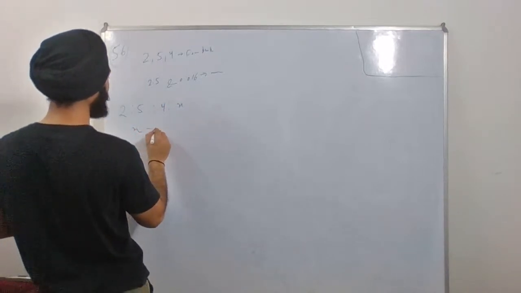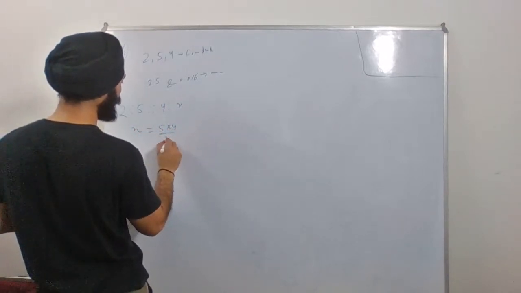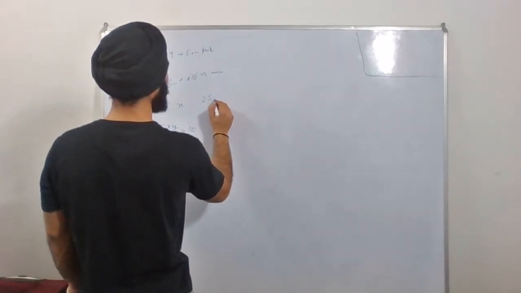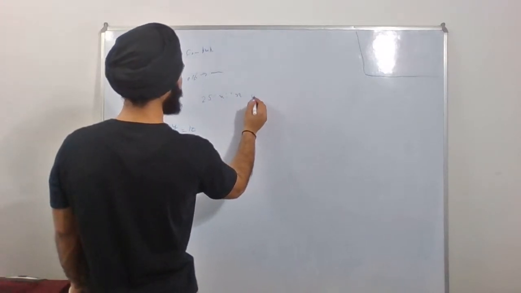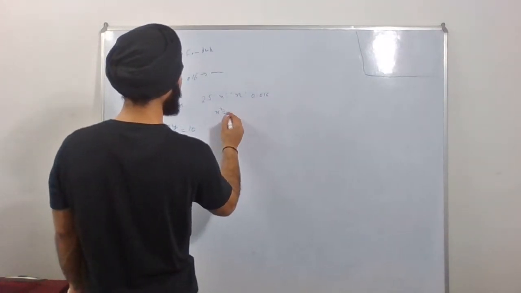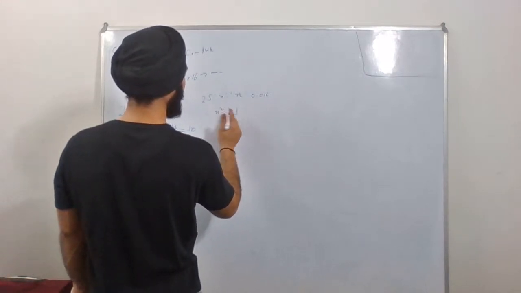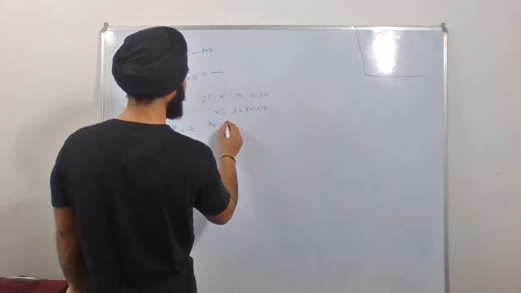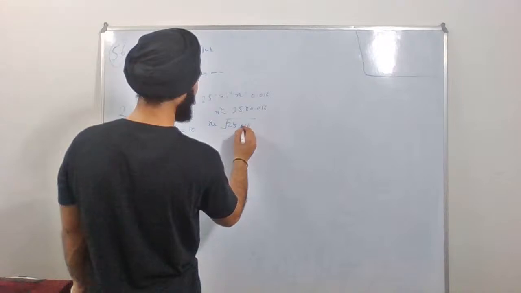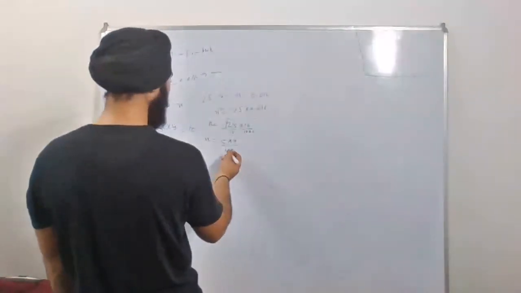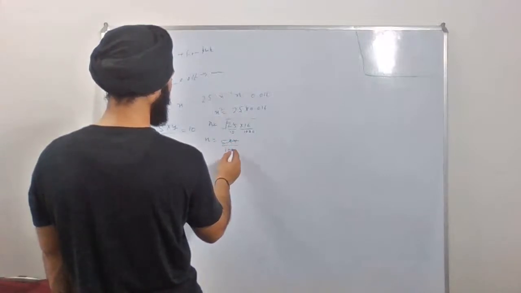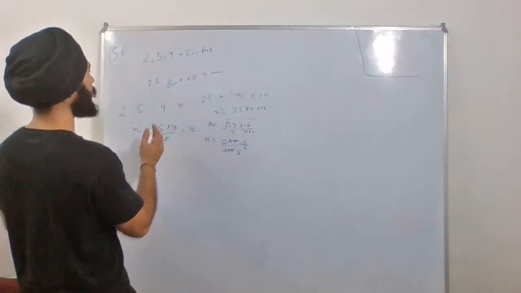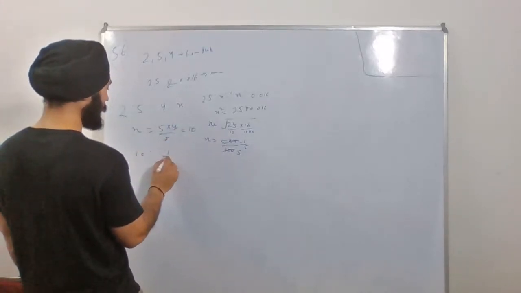2:5::4:x. x will be 5 into 4 by 2, which equals 10. The fourth proportion is x, which is 10. Now what is the mean proportion? 2.5 into x into 0.016. x square is equal to 2.5 into 0.016. x will be the square root of 25 into 16, which gives 5 into 4, that is 20, and 20 is 1/5. So the ratio we have to find is 10 to 1/5.